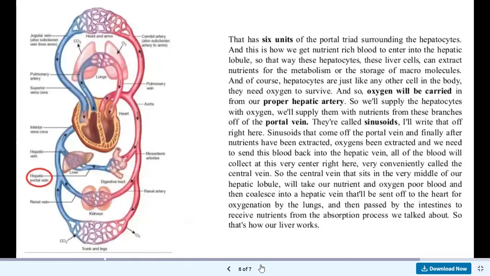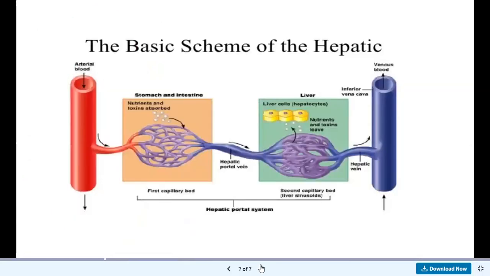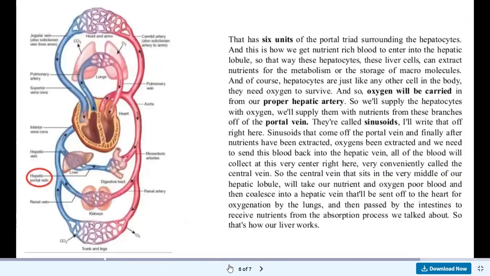So basically, that is everything you need to know about hepatic circulation. So this is only hepatic circulation, just blood supply to the liver alone.